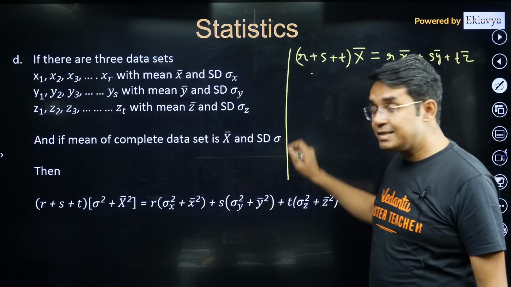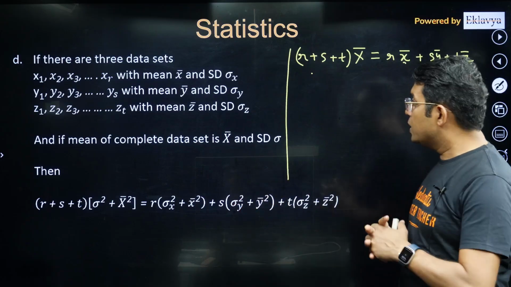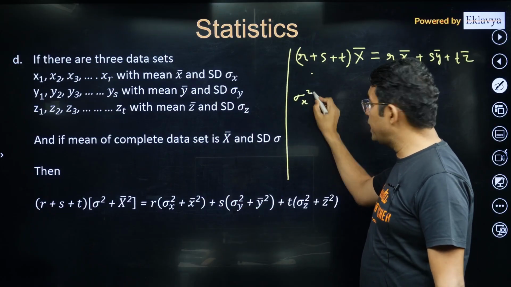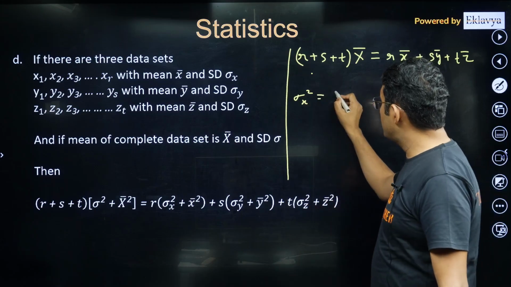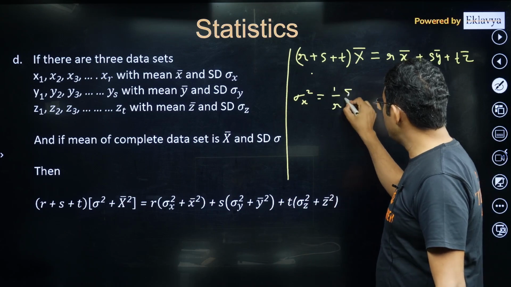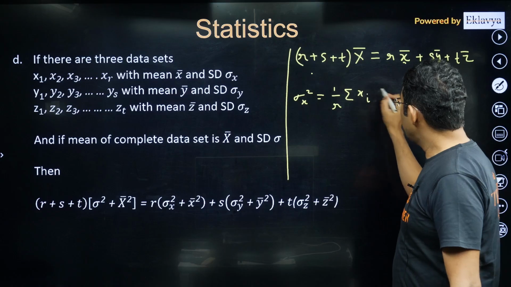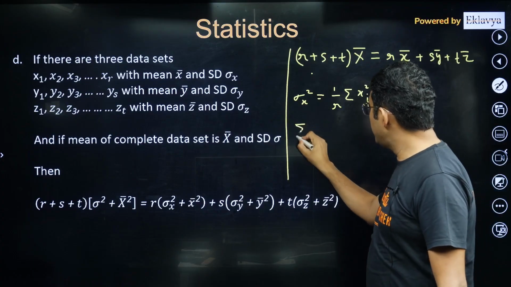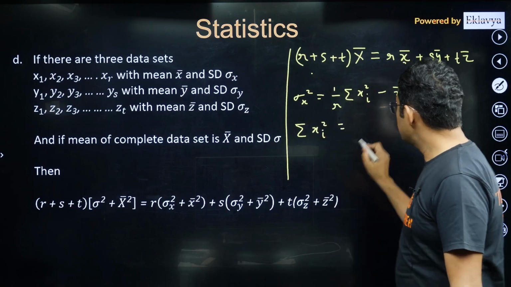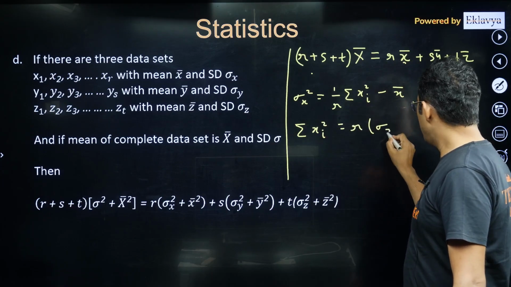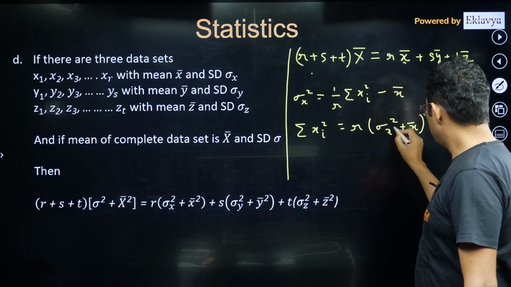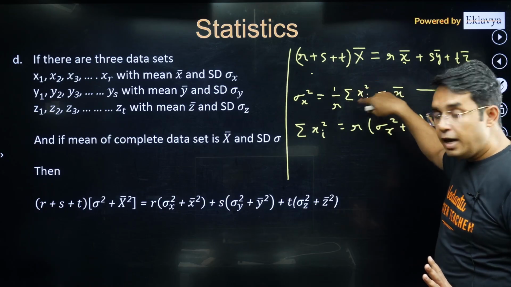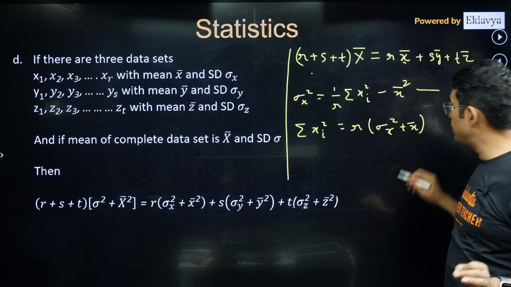Now let's come to the standard deviation, how we can find it. Dear all, please understand, if we are looking for standard deviation sigma x, let's say the variance, it will be equal to 1 upon r summation of xi square minus x bar square. So here I can write summation xi square as equal to r into sigma x square plus x bar square. A very simple result from this formula, and that we must remember, is average of squares minus square of average.